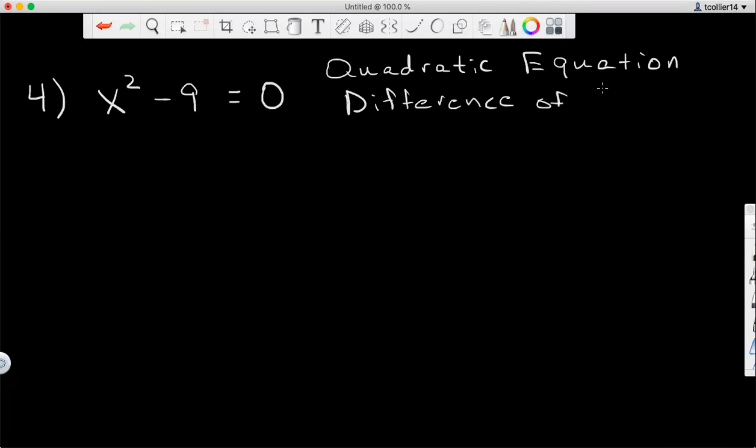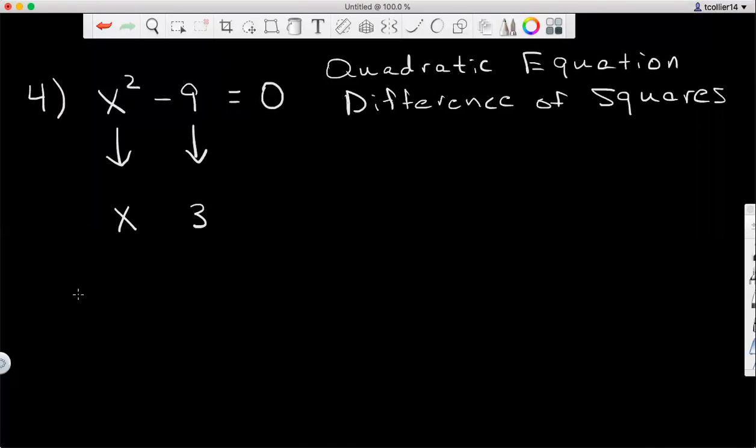So to factor this, I'm going to be taking square roots. What's the square root of x squared? That's going to be x. What's the square root of 9? That's going to be 3.